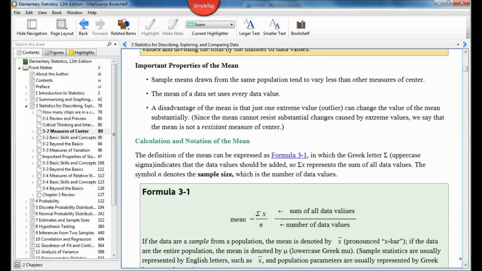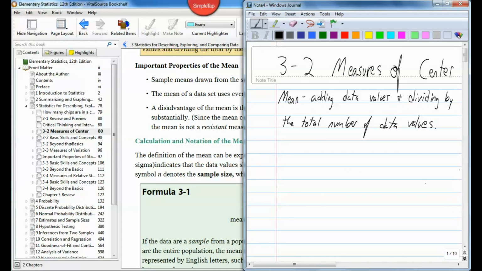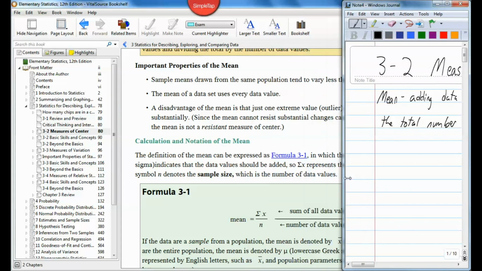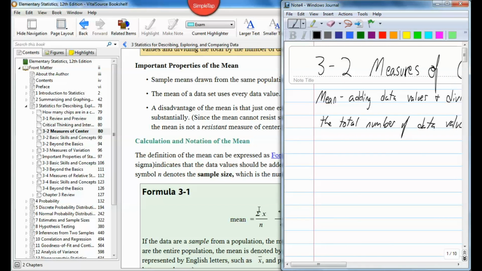All right, the symbol that we can use for the mean, or how to find the mean, is this letter right here. Until you say that's not a letter, that's a symbol. This symbol is a capital sigma, and sigma means to sum up.